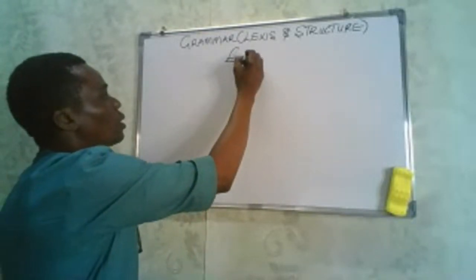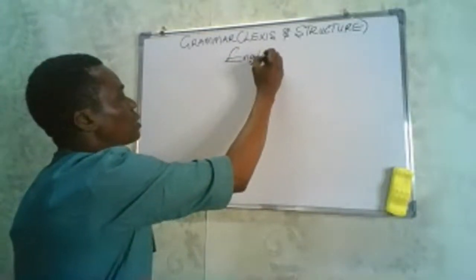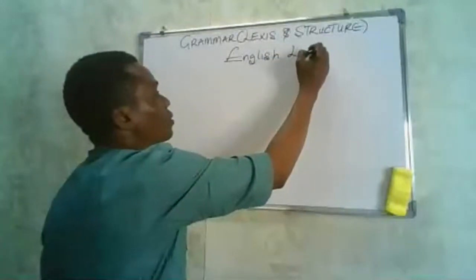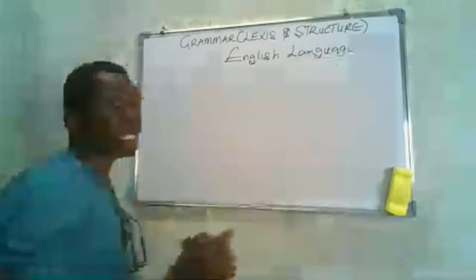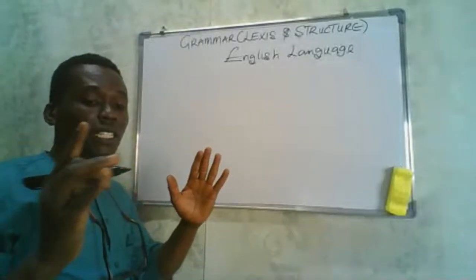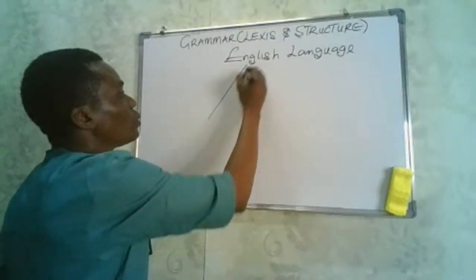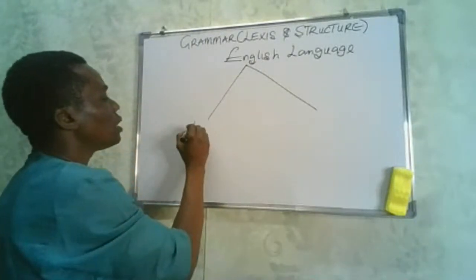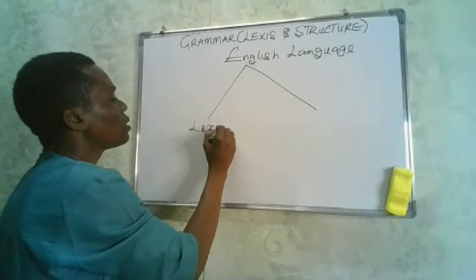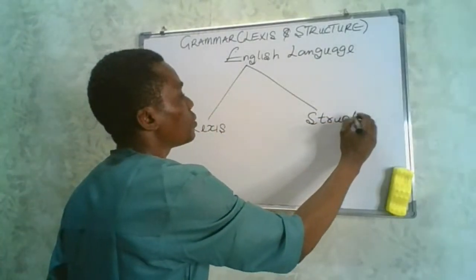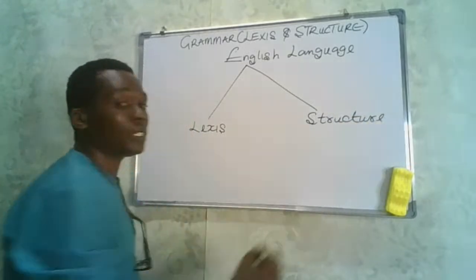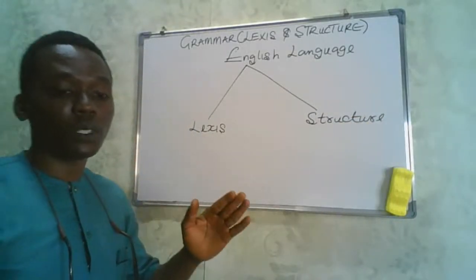Now, when we talk about English language, we talk about two good aspects. English language is divided into two parts. One of those parts is the lexis, and the other part is the structure. You get to know this because it's very, very important.